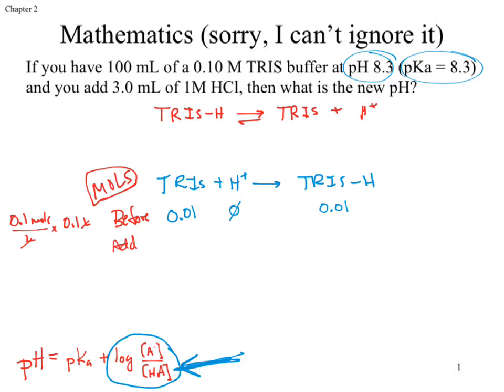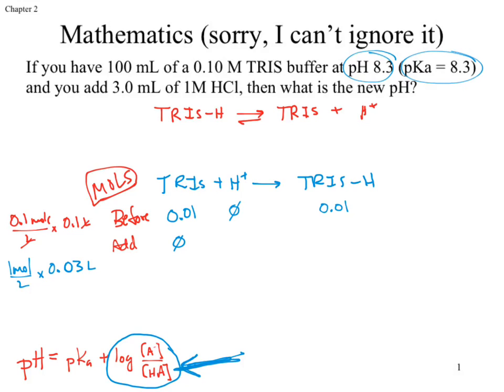So how much of the Tris did we add in this step? Nothing. All we're looking at is adding the strong acid. How much of the strong acid did we add? We had 1 mole per liter times 0.03 liters.